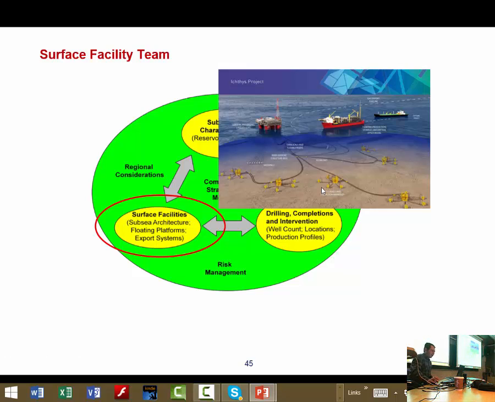So, welcome back, guys. This is the second part of the presentation, in which the concept selection process will start. Concept selection is one of the major tasks for the surface facility team.